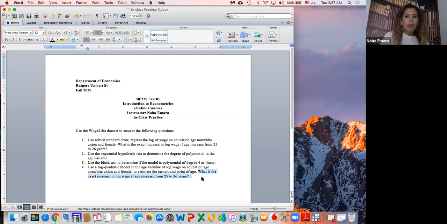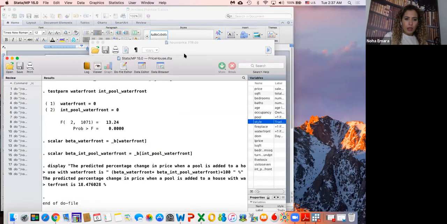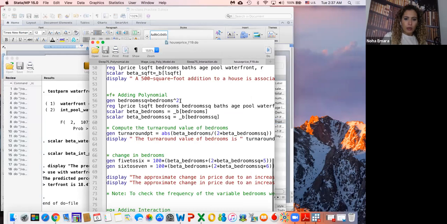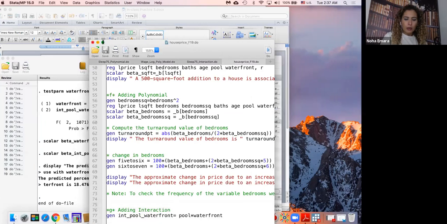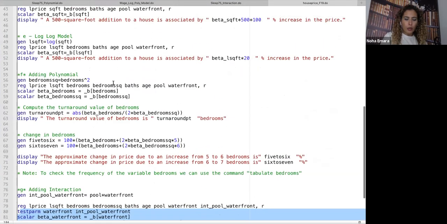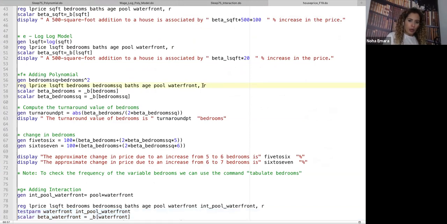I showed you on my do file how to estimate a turnaround point. You don't have to extract coefficients. You just need to regress a model similar to this, again with robust standard errors as the question is asking you, but this is a different data set, a different story.